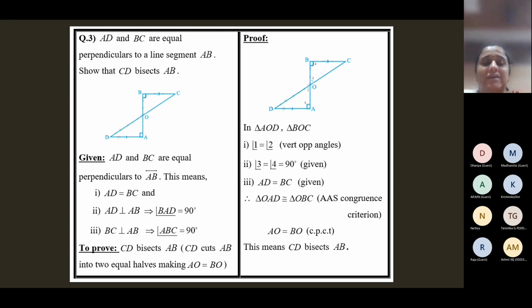Perpendicular to AB, correct. Each of them is perpendicular to the line segment AB. That's what I've written: AD and BC are equal perpendiculars to the line segment AB.